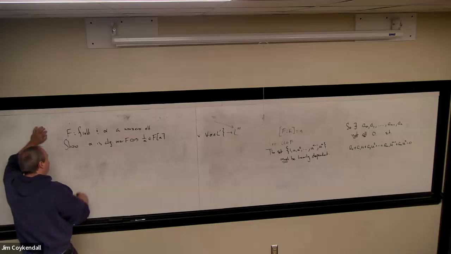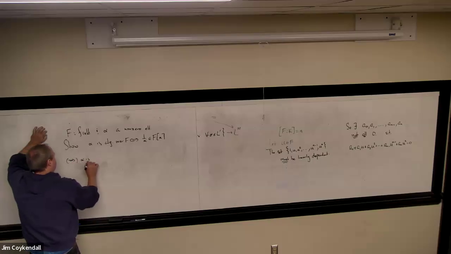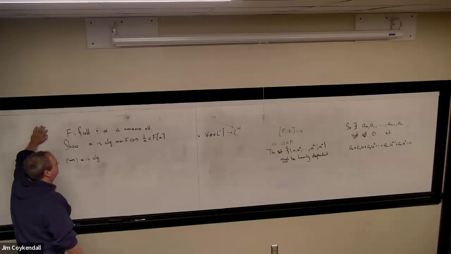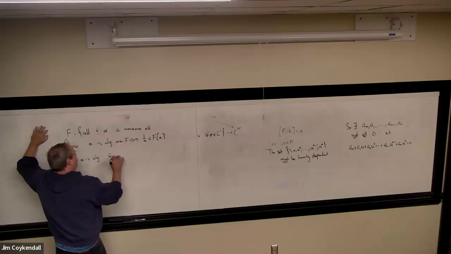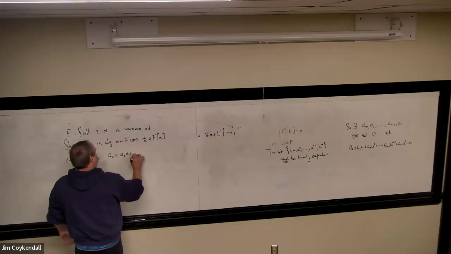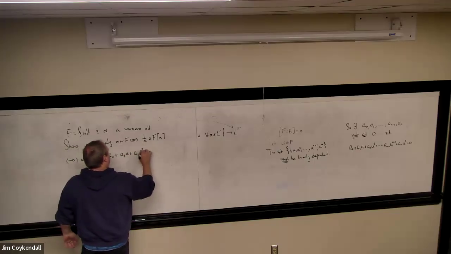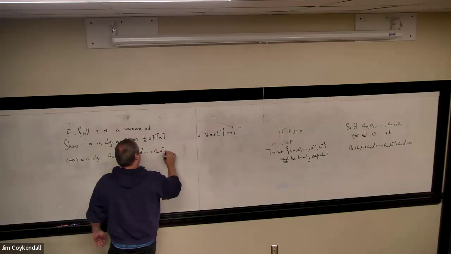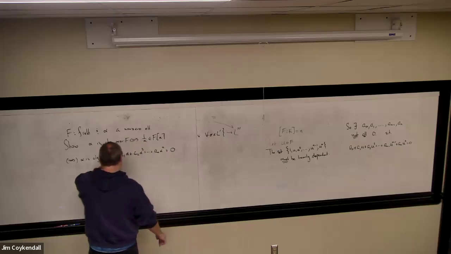So suppose alpha is algebraic. Then a0 plus a1 alpha plus a2 alpha squared plus ... plus an alpha^n is equal to 0.